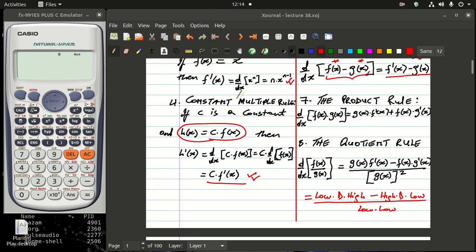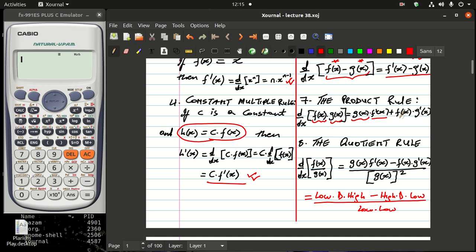And then we talked about the product rule, and we said that if we have a function f of x and g of x, and both of these functions are differentiable at point x, then to find the derivative of the product of these two functions, first keep the function g of x, which is the second one, and then you take the derivative of the first function, and you multiply them.